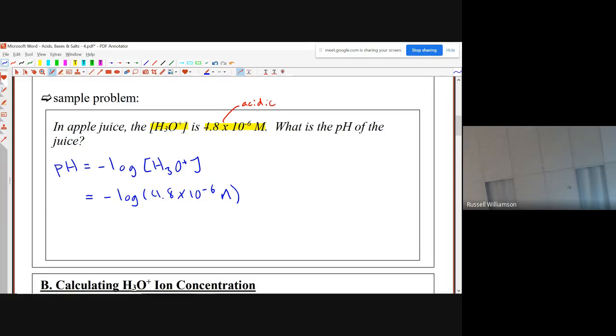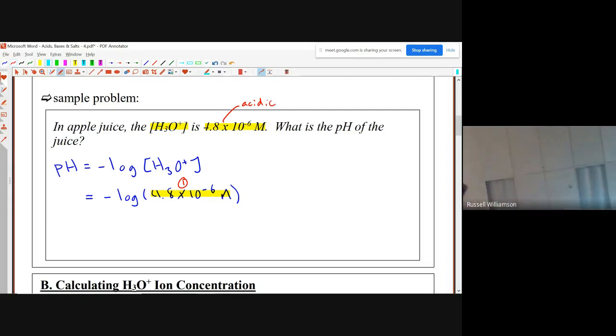Your calculator probably works the exact opposite from mine. Here's how you do it on my calculator. Step one, key in 4.8 EE 6, and then hit the plus minus key just to the left of the equals key to turn that into a negative 6.